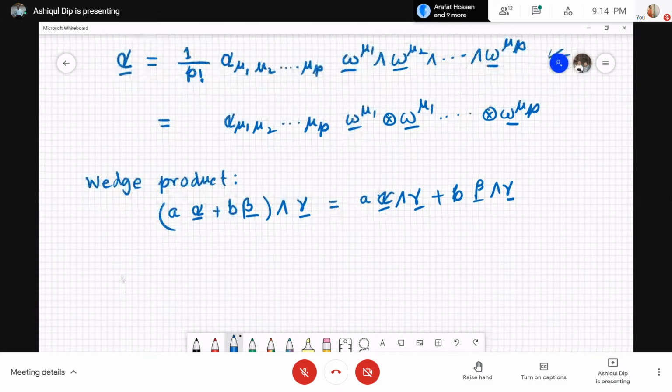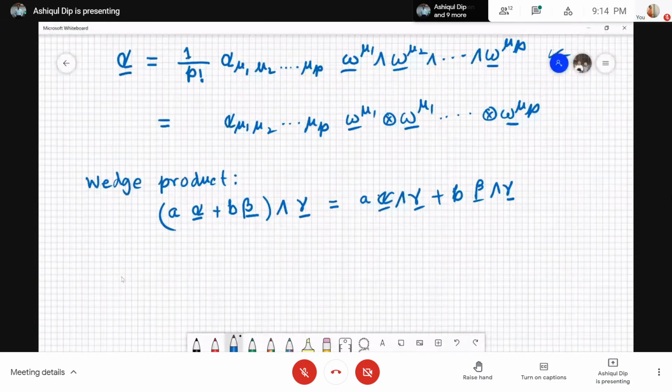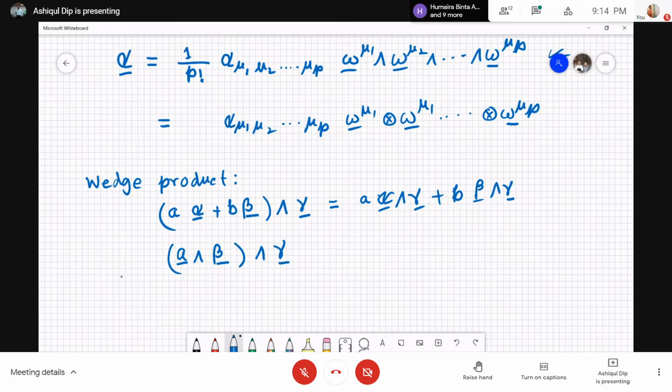Then another defining property is associativity. That is when you do this thing, then do this thing, that should be equal to doing this thing first, beta wedge gamma, then taking alpha, which is basically written like this.